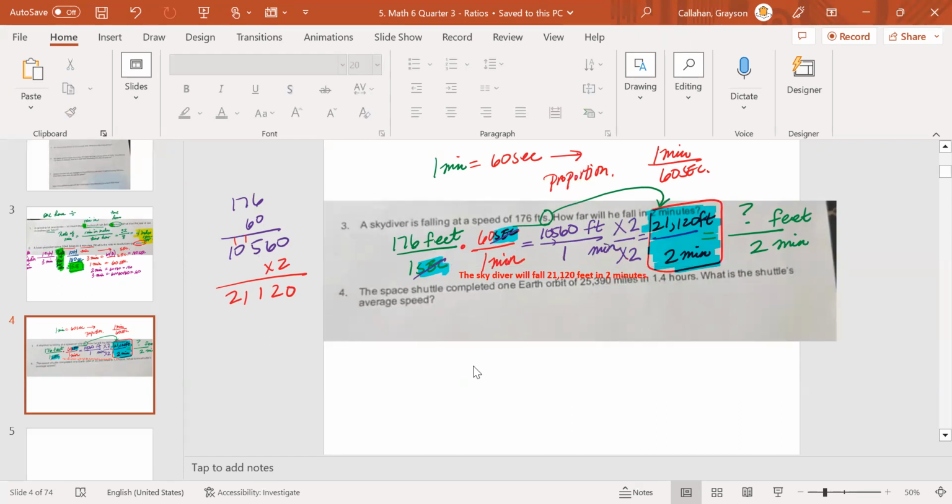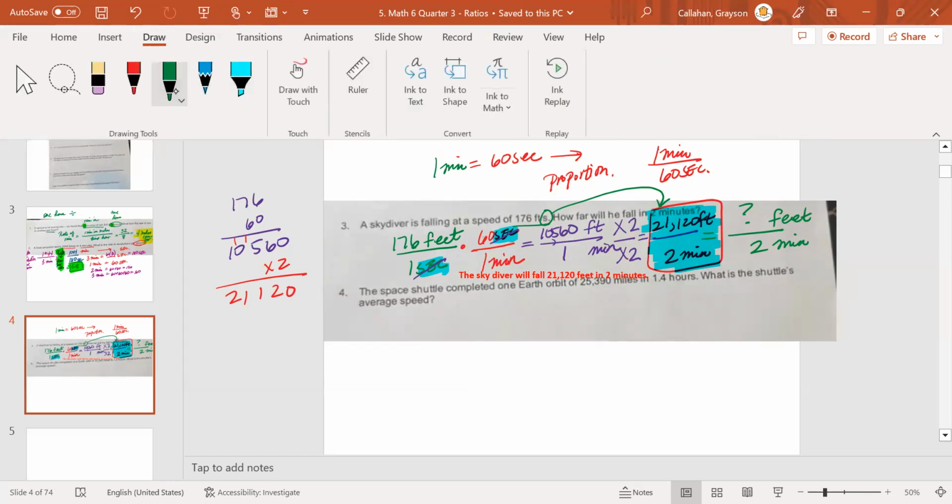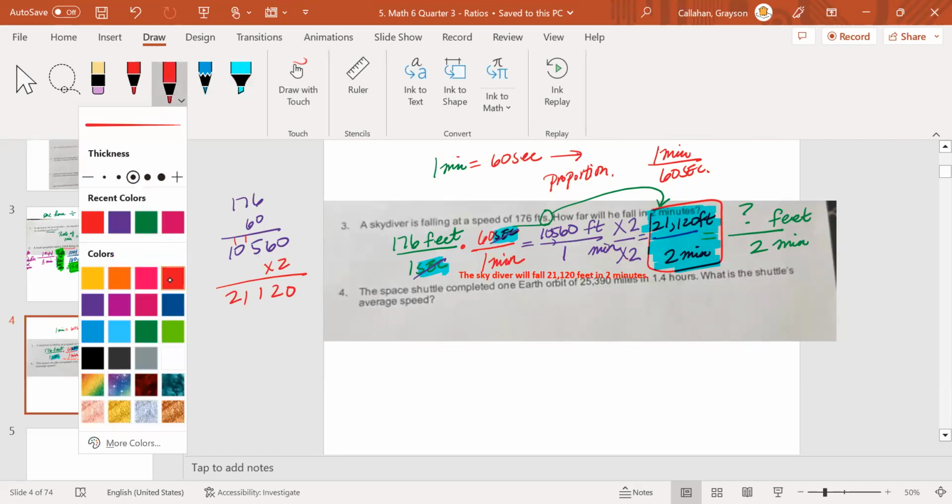Next one. A space shuttle completes 1 Earth orbit at 25,390 miles in 1.4 hours. What is the shuttle's average speed?